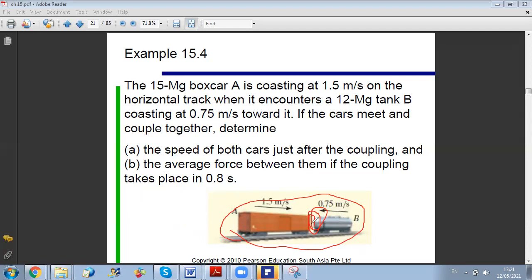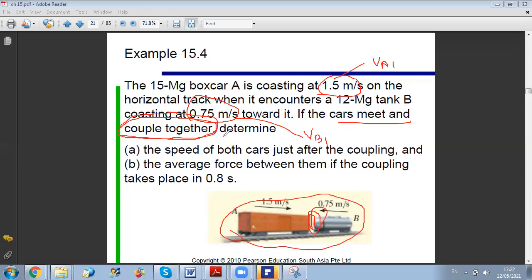Okay? So here, first, this is the initial velocity of A, VA at state 1. This is the initial velocity of B, VB at state 1. And they said that after collision the cars meet and couple together. What do they mean by couple together? What can I deduce from this information? One system.